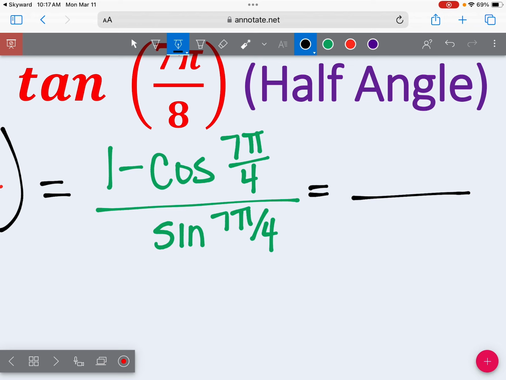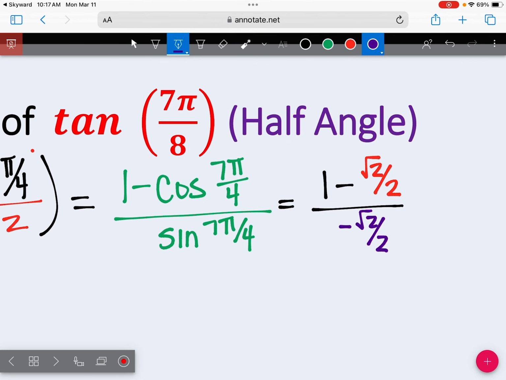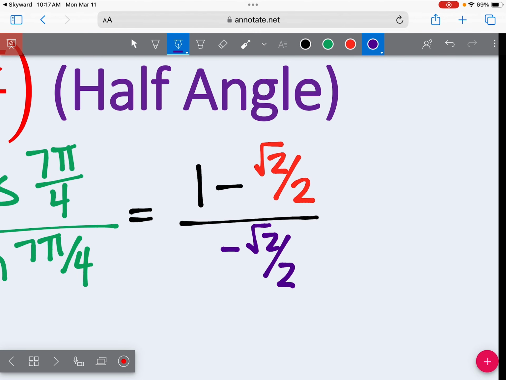So the cosine of 7 pi/4 is positive root 2/2. So that would be 1 minus positive root 2/2 divided by negative root 2/2. So let's go ahead and simplify this.